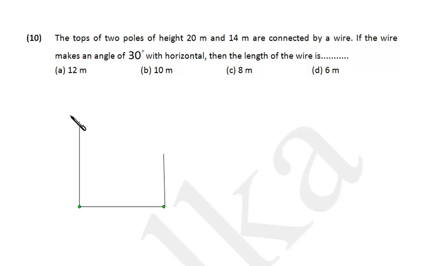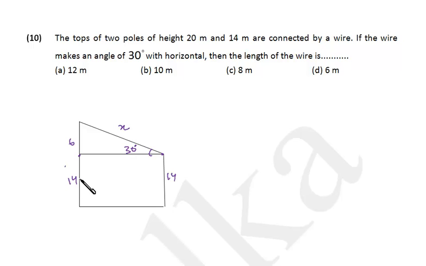So this is the scene. Okay, so here one of them is 20 and other is 14. So this is 14, this is 14, this is 6. Okay, and makes an angle 30 degree. So this angle is 30 degree. Length of the wire, that is this length.